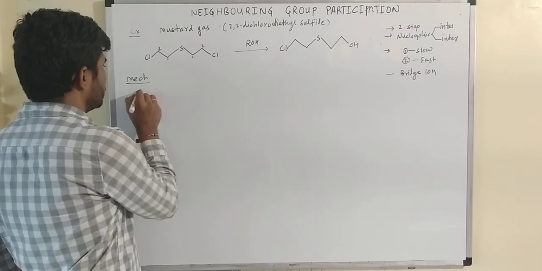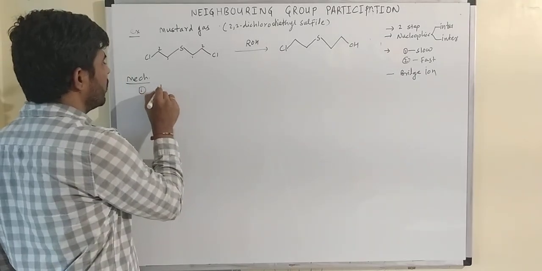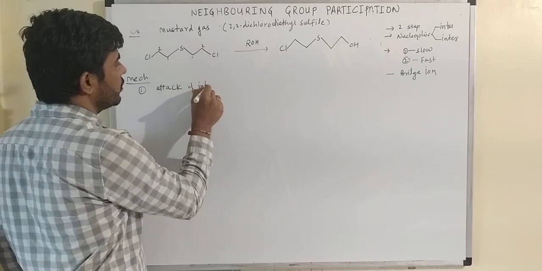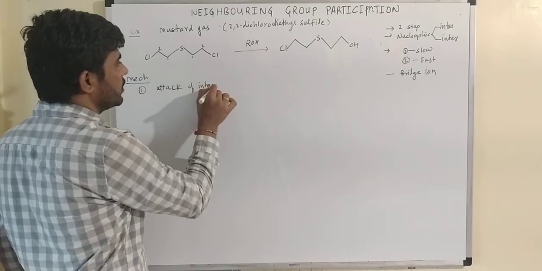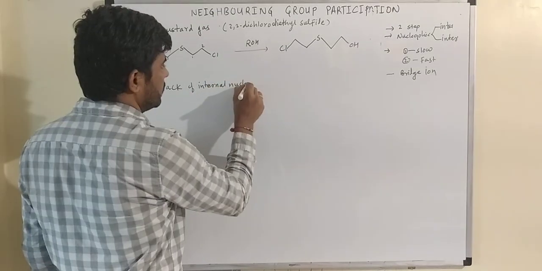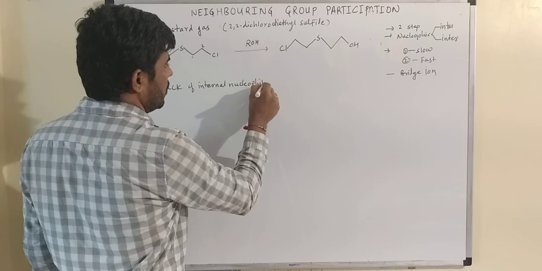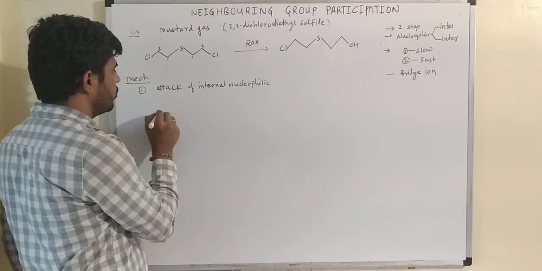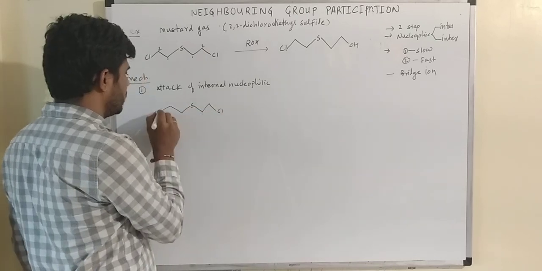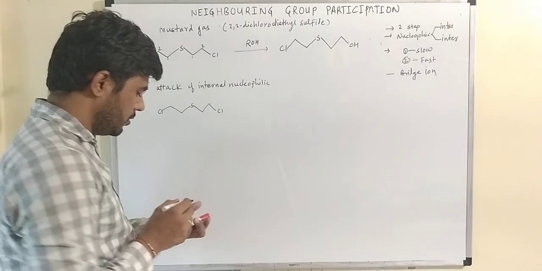So let us consider the first step. That is nothing but the attack of the internal nucleophile. Now we are going to consider this mustard gas. Sulfur is here, chlorine is here.